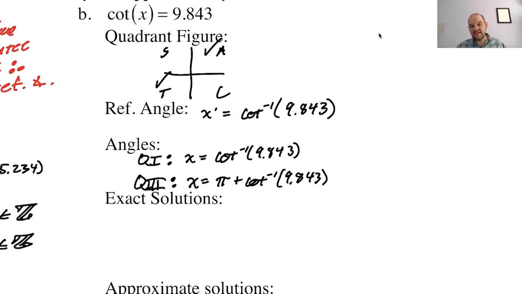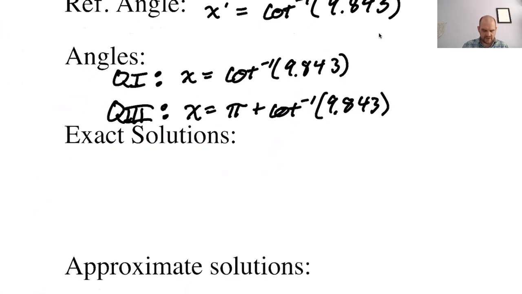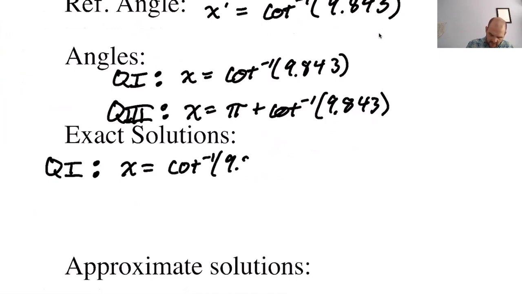Now the exact answers, right? You can go all the way around the circle. Let's do that first. So for quadrant 1, if I go all the way around, just keep going coterminal, it's going to be x equals cotan inverse 9.843 plus 2 pi n, where n is an element of the integers.